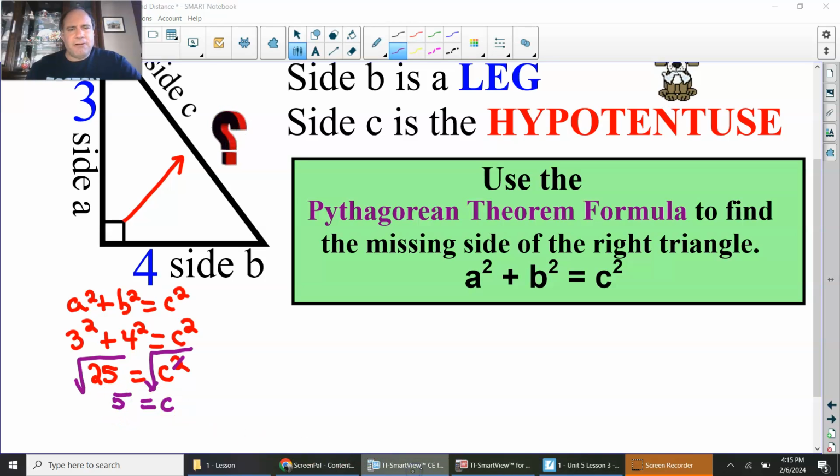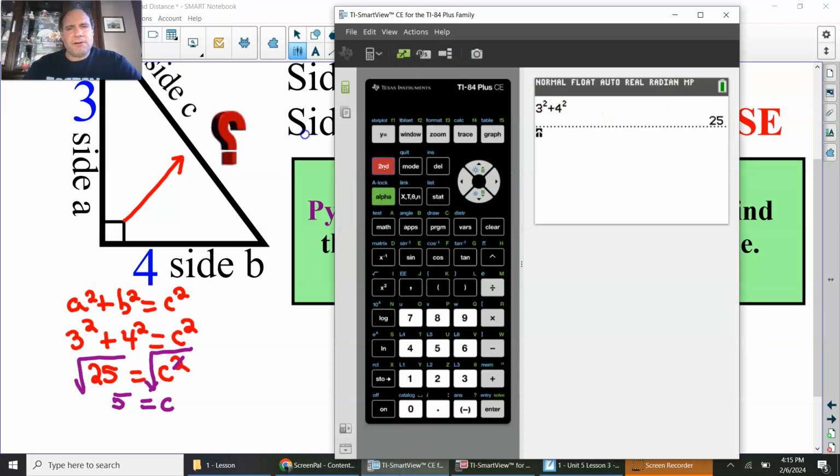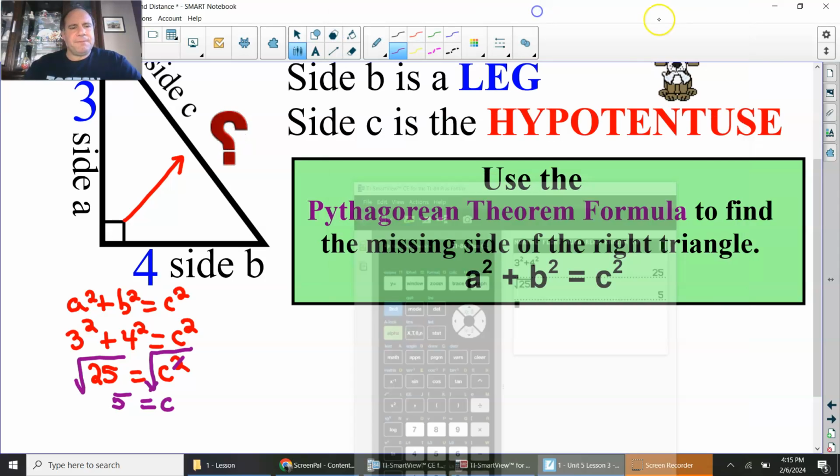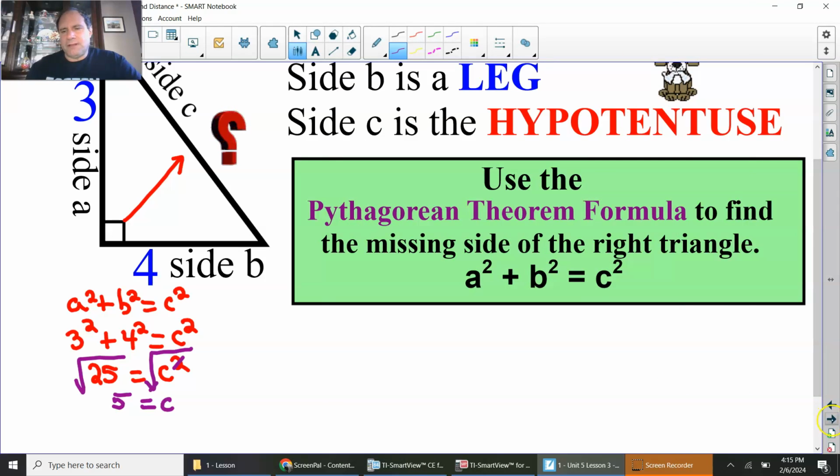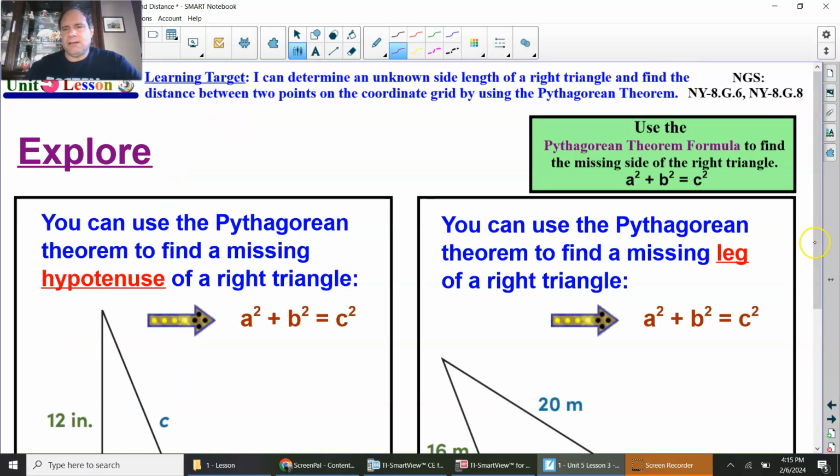The way you do that on your calculator is second function and then x squared. That would be the square root there. If you press the second function and x squared, and you put the 25 in, and you press enter, you get 5. So that's how you use Pythagorean theorem to find the missing side.